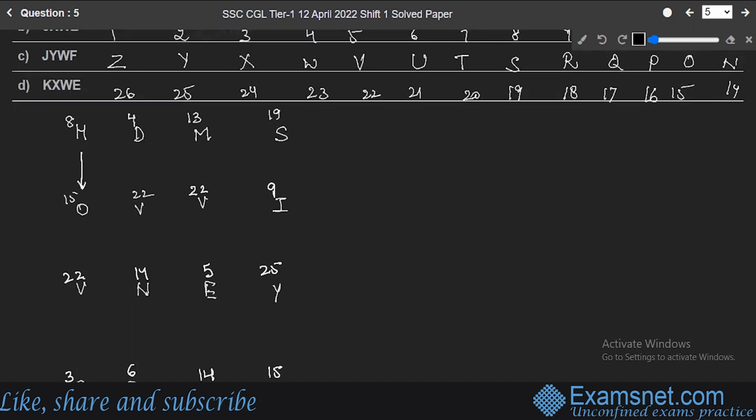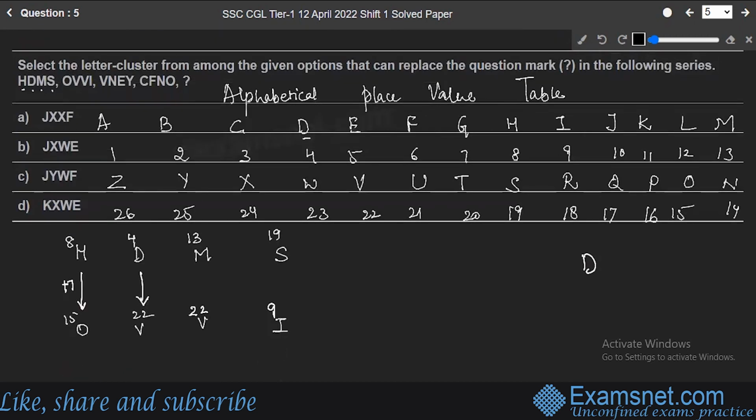If I add 7 to 8, I'll get 15. Now from 4 to 22, you have to see that after 7 comes 8. What if I move 8 alphabets behind D? See this D, this is the position 4, like 1, 2, 3, 4, 5, 6, 7, 8, and this is the alphabet V. So I'm moving 8 positions backward, right?